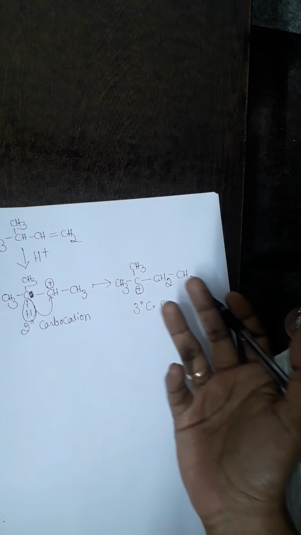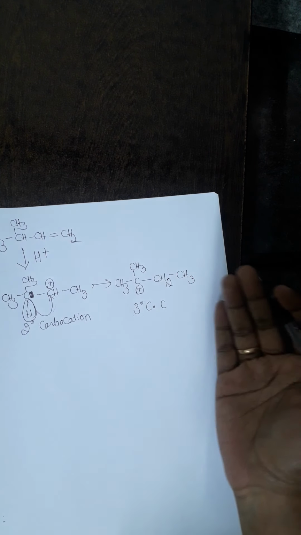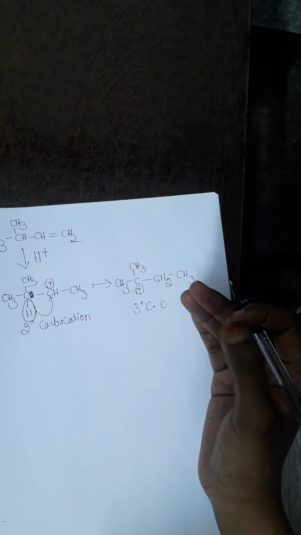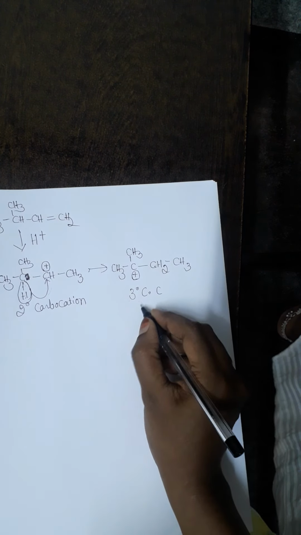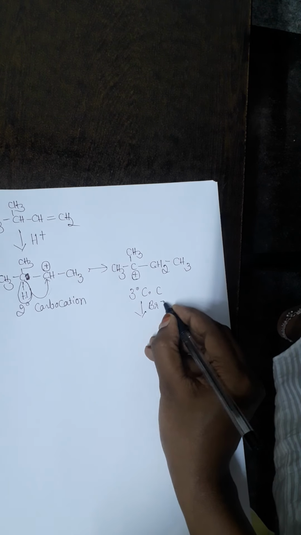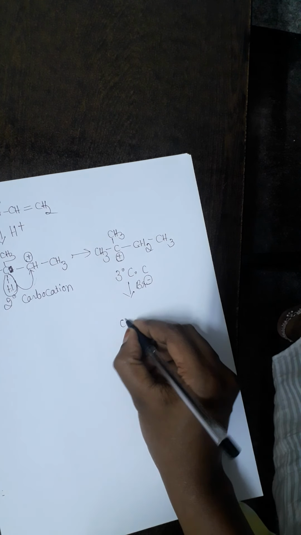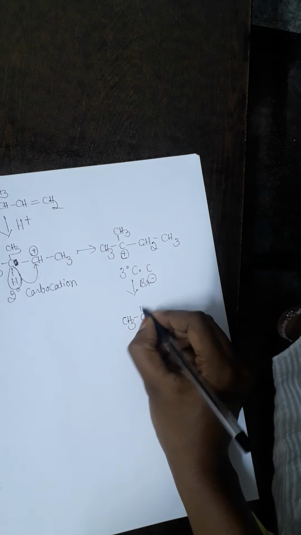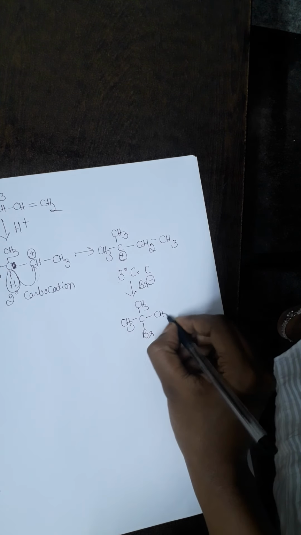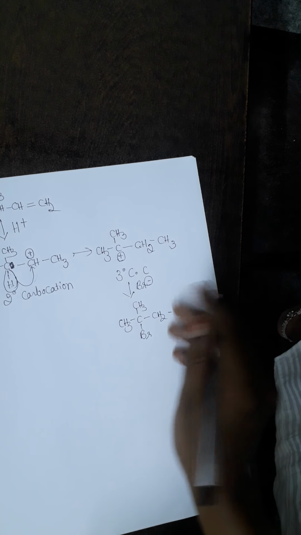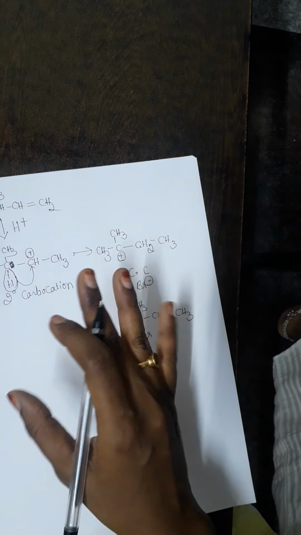The rearrangements happen until we end up with the most stable carbocation. We have already got the most stable carbocation. Now Br minus will attack there, so you will end up with CH3 CH3 Br CH2 CH3. This is the expected product for the above reaction.